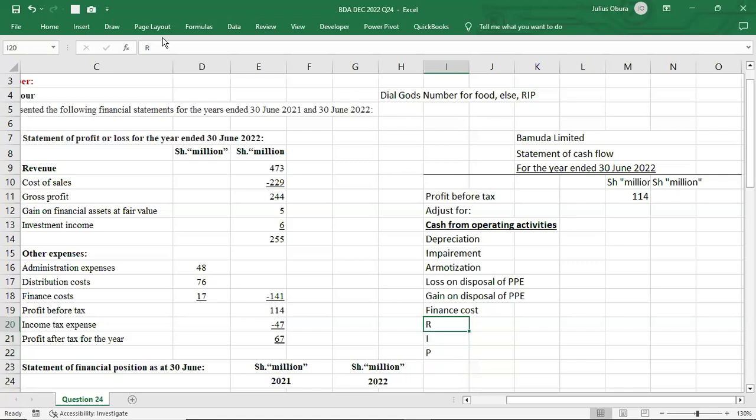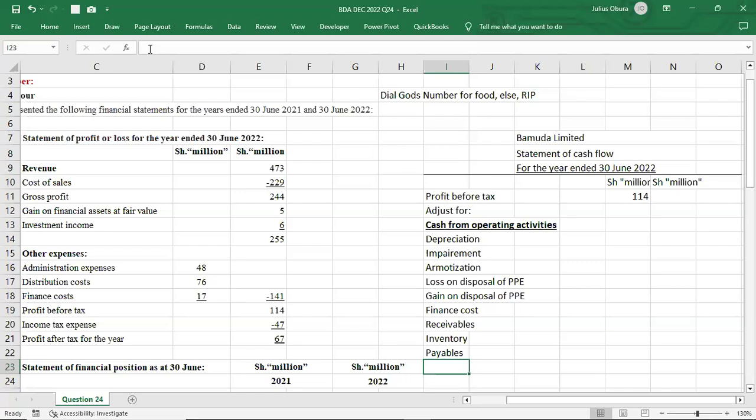So this is receivables. This one here is inventory. Then this over here is payables.